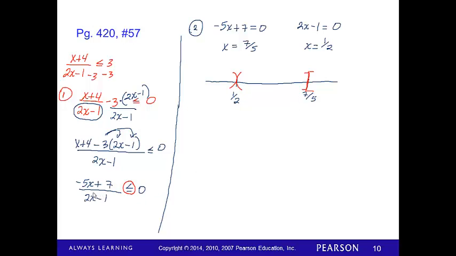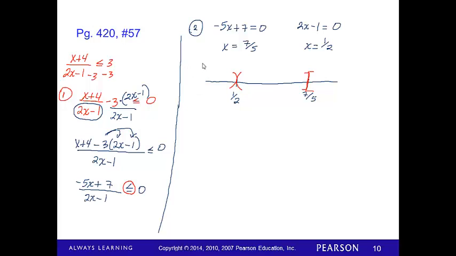When you set your denominator equal to 0, it will always be a parentheses facing to the left as well as facing to the right because you cannot divide by 0. Therefore, you're saying it can be all values close to 1/2, but it'll never be 1/2. Because if you plug 1/2 in for x, you'll get a 0 on the bottom, and that's a no-no in the math world. All right, so that was step 3.